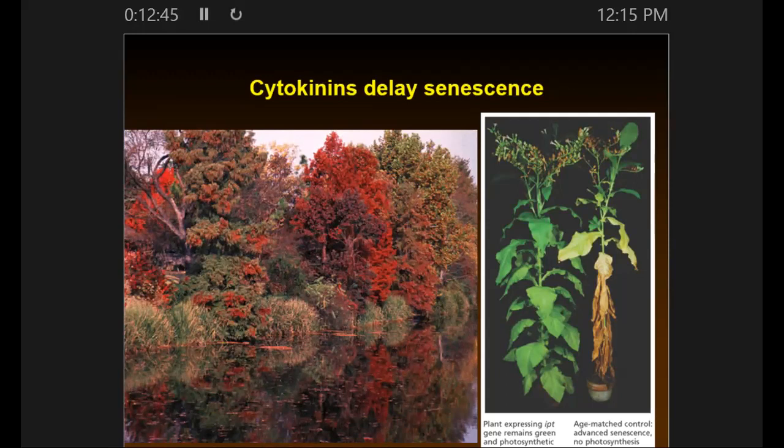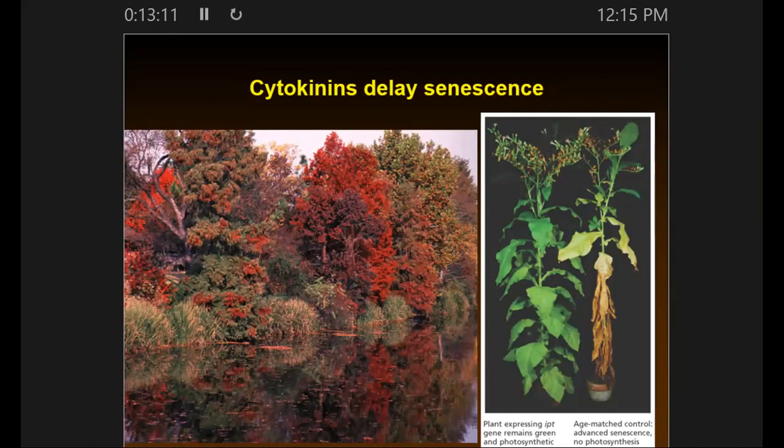Before they senesce, they give us these beautiful colors before the leaves fully drop off. So if you have a tree in your backyard and you want it to not go through fall color change, theoretically, if you knew the right dose and applied it at the right time, you could delay your tree from turning its colors. You have to get the right dose.